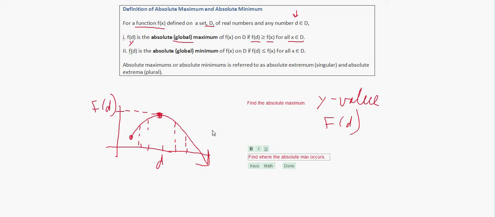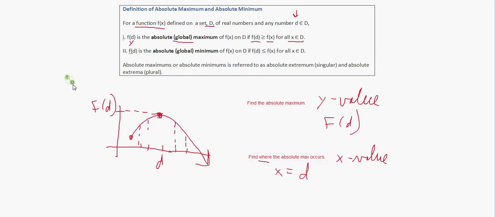Now they're not asking for the absolute max, they're asking for where it happened. Well, that's just d, that's an x value. So that's just x equals d. And again, d is just where the highest point is. We'll look at a couple different graphs, and we'll find d, but it could really be any number. It just has to be the value that gives us the greatest y value.